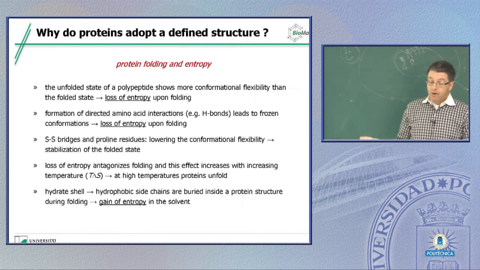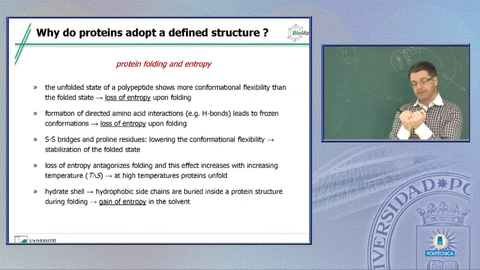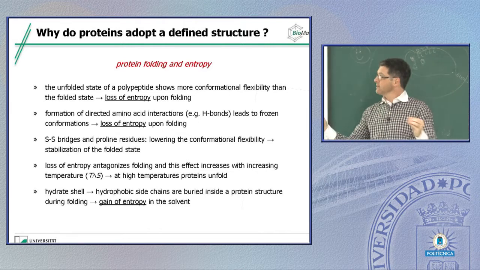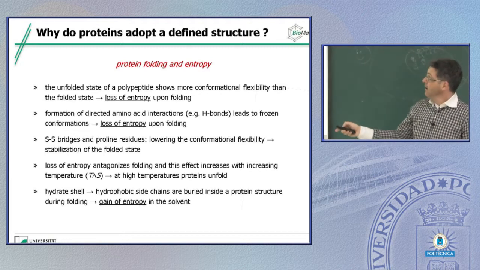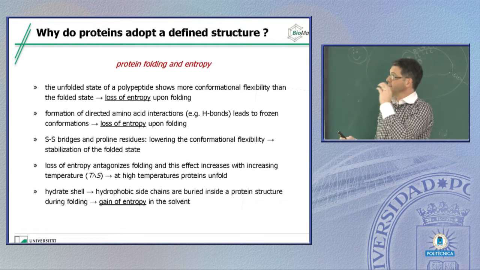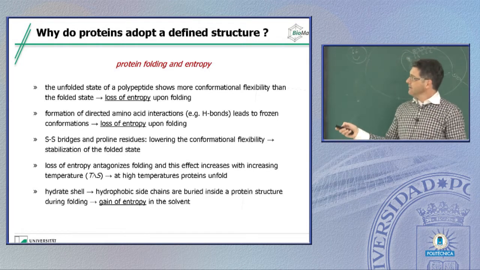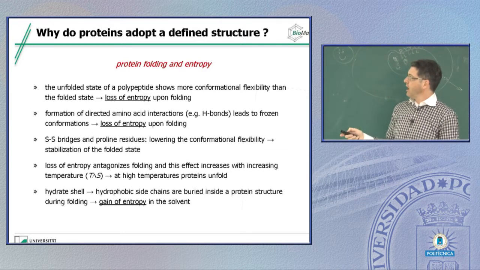If we now think about how such folding takes place, we have to consider the amino acid composition. So that's what we called yesterday the primary structure, right? So the primary structure directs folding, and this is due to the case that amino acid side chains can interact with each other.